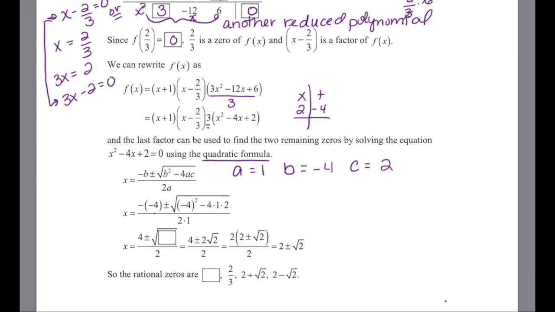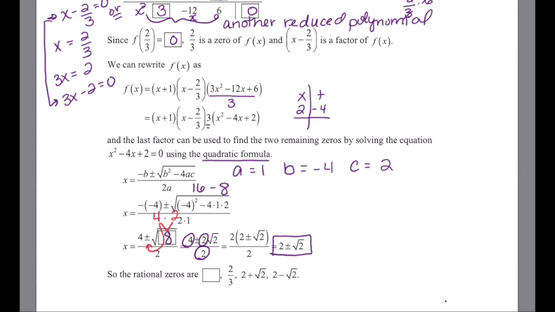This gives me +4 plus or minus, here we have 16 minus 8, or 8 when we subtract, all over 2. 8 is the same as 4 times 2, and I can take the square root of 4, which gives me 2 square root 2. I notice that all of these are divisible by 2, so when I divide them by 2, we get 2 plus or minus the square root of 2.